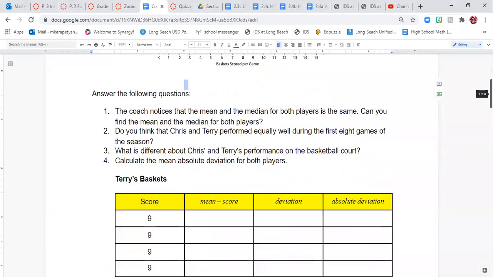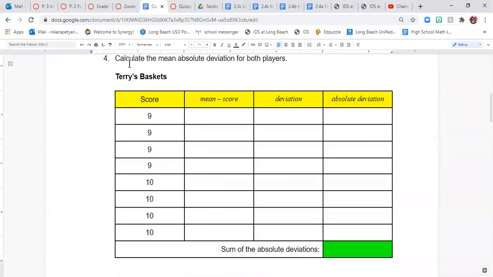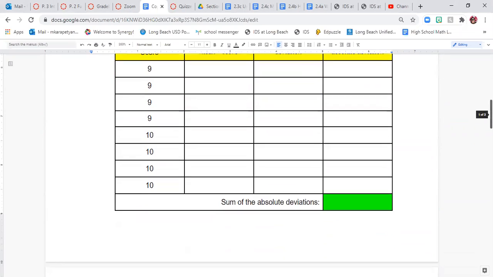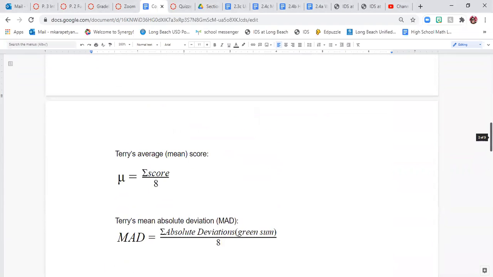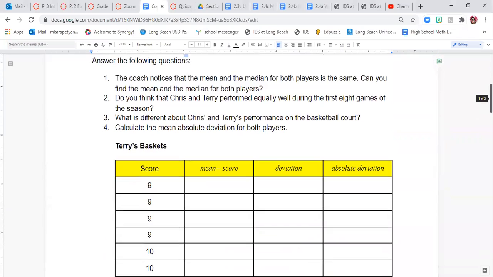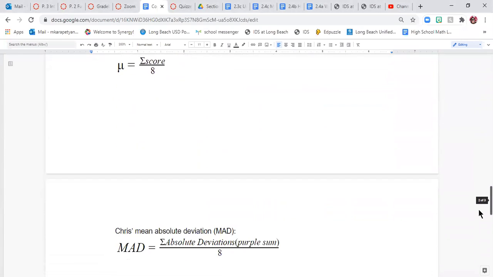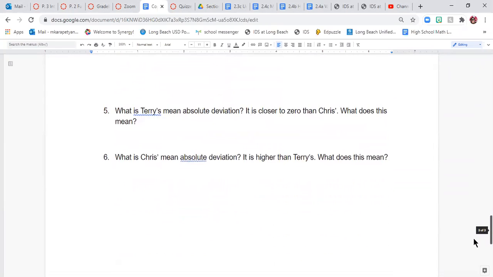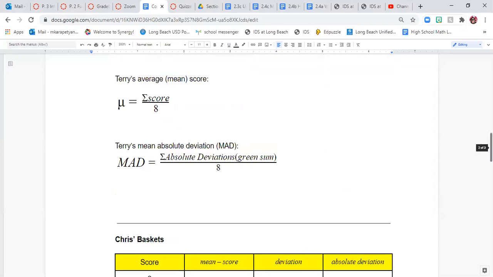What we're going to do is calculate the mean absolute deviation for both players. I'm going to do Terry's with you to show you how it's done, then you're going to do Chris's on your own, and then you're going to answer those two questions. So let's take a look at Terry's first.